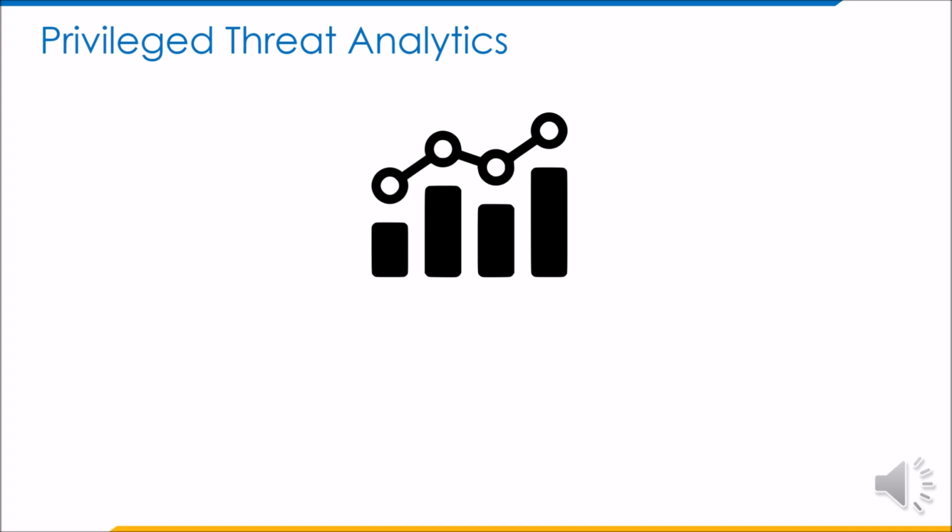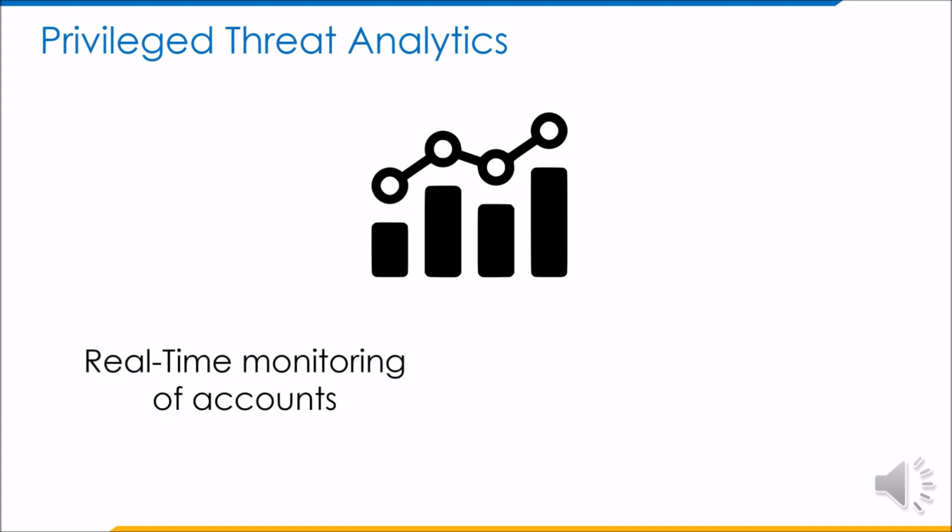The Privileged Threat Analytics or PTA is a component that provides a way of monitoring all the accounts in the system. This monitoring is done in real time to identify any threats or anomalies in the system. Once these threats are identified, they are acted upon either automatically or by providing an alert to the corresponding authority.